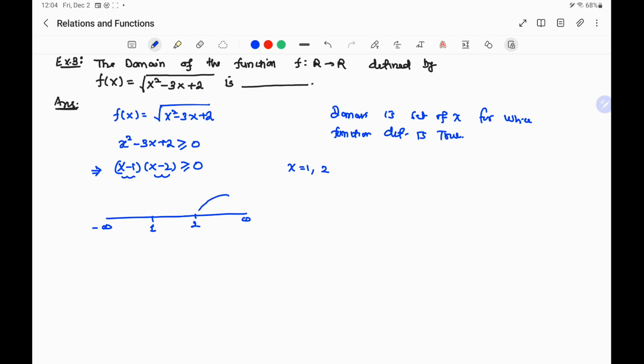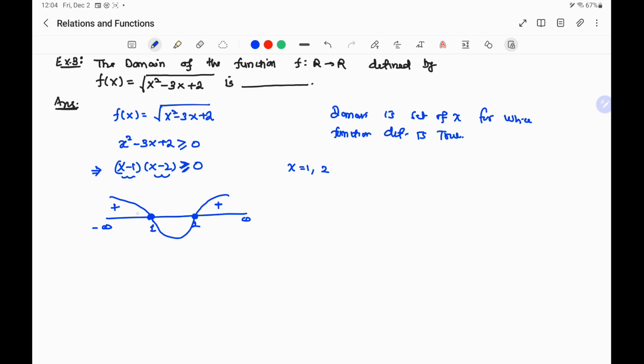And now we draw a curve like we have drawn here. And because it is greater, we will take the values above the number line. These are the positive values. And for greater than or equal to, we will take the values 1 and 2 also. So we will mark here a solid circle.